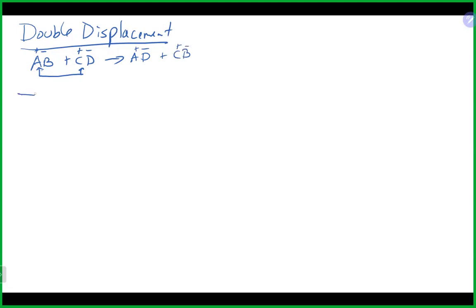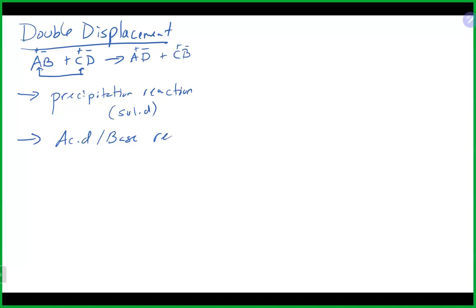And more specifically underneath this is our precipitation classification, where we form a solid, or you could have your acid base reaction, where we form water. Again, no electrons being transferred in any of that situation on the left there.